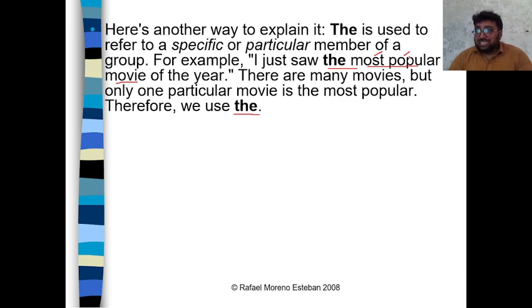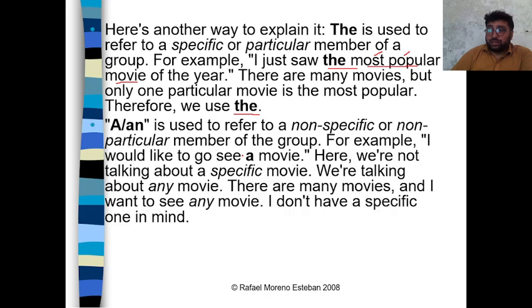Because of these adjectives, the movie is specified. It doesn't remain the common movie. We know that there could be only one movie which will be the most popular throughout the year. That's why we have used the.